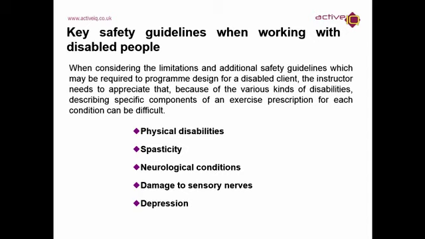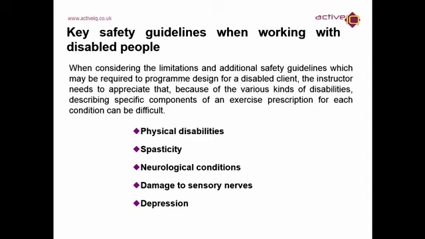If someone's maybe in a wheelchair, we'll look to use facilities and equipment that they can access whilst they're in a wheelchair. We've then got things like spasticity. That's when muscles are very, very tight and there's not much flexibility there at all.